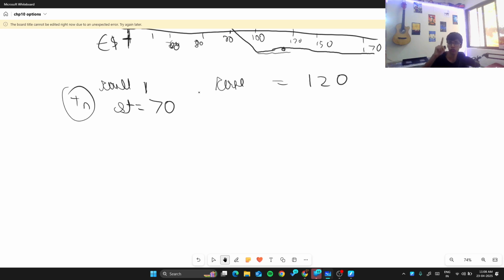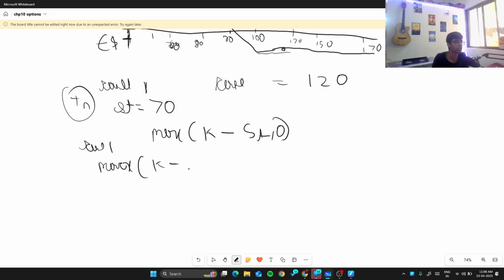The formula for the put is the opposite of the call. It is the maximum of K minus ST and 0. Let's put our values into it for case 1. K is 100 and ST is 70, so the maximum of 30 and 0 is 30.